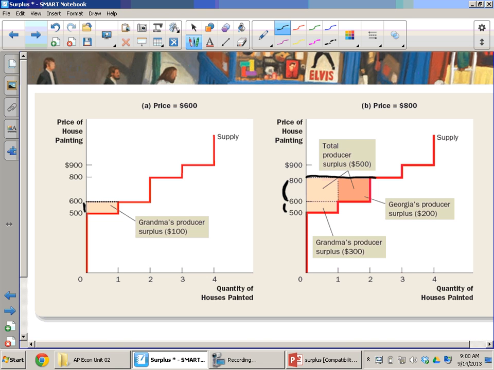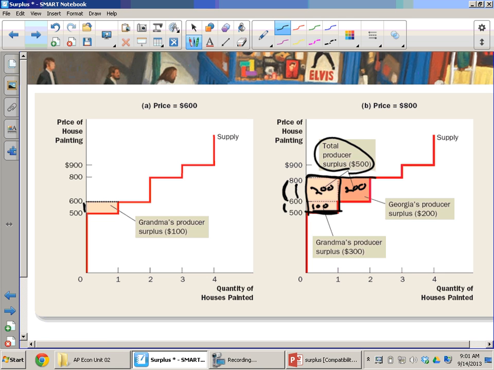Grandma's cost hasn't changed. So she was only getting $100 in surplus initially. But now she gets this extra boost because the price in the market is higher, and this boost is equal to $200. What about Georgia? Georgia's cost is $600, so she's also getting $200 in surplus. And when you add it all up, the total producer surplus in this case is $500.